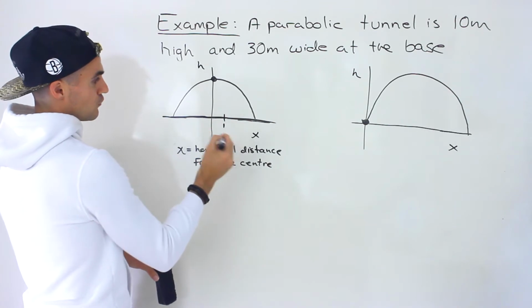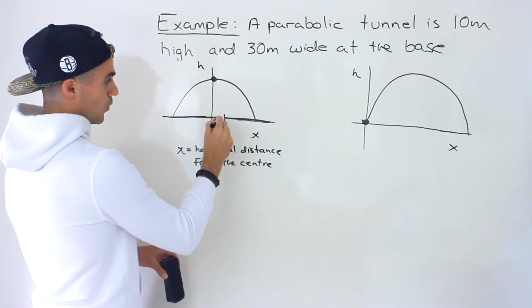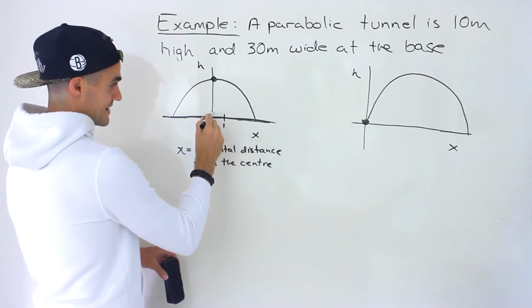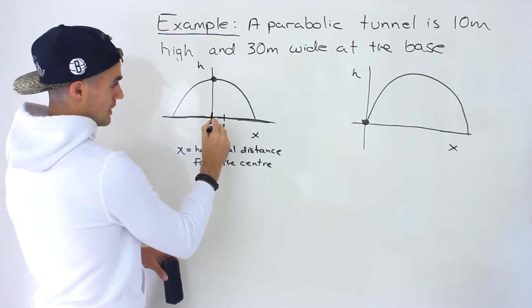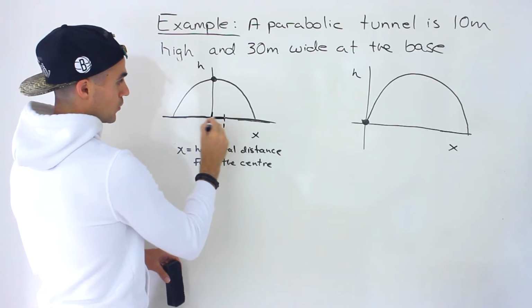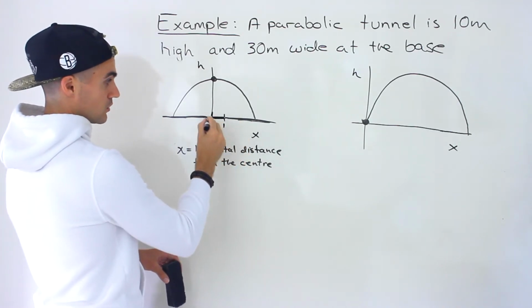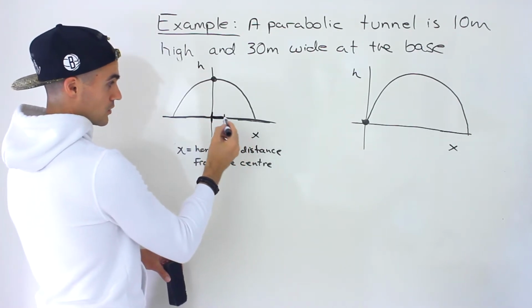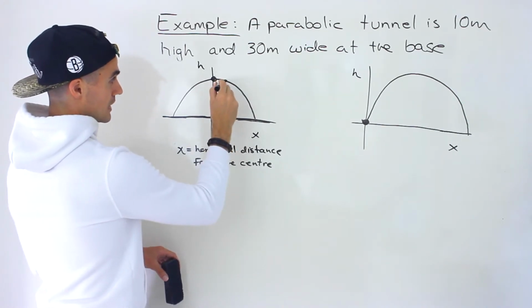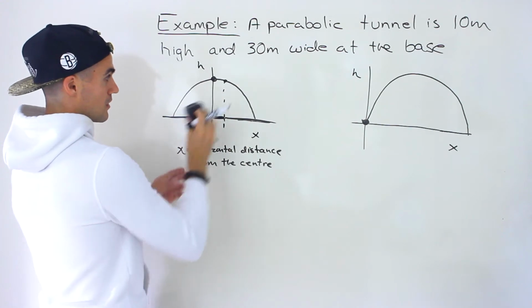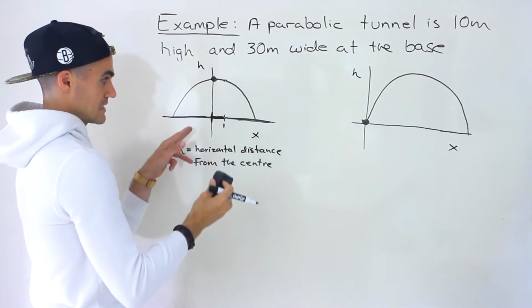So like an x value of 1, for example, would represent 1 meter away from the center of the tunnel. This is the center, right? The axis of symmetry. So the 1 represents a horizontal distance of 1 meter away. And at that horizontal distance, we're going to get a certain height up there. So that's what x represents in this scenario.